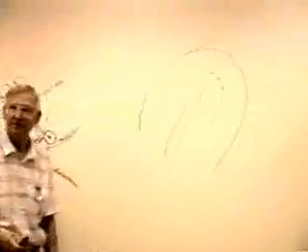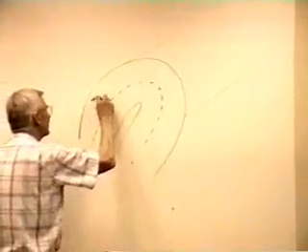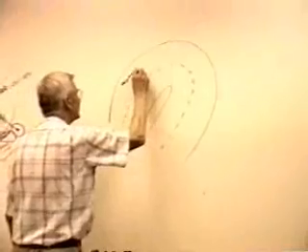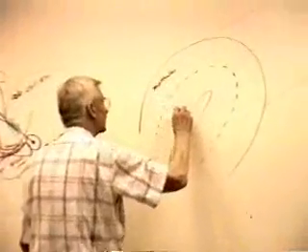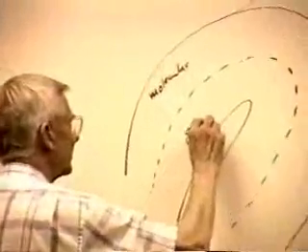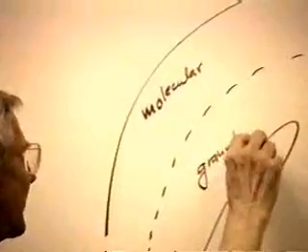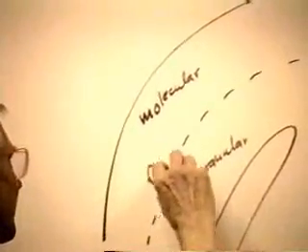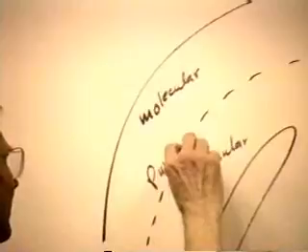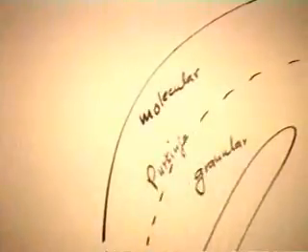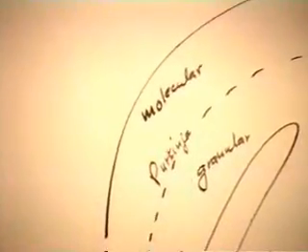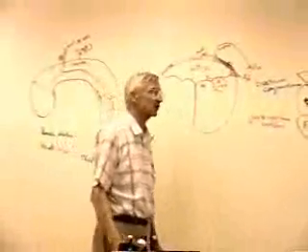How many layers? 3, right. Molecular, the granular, Purkinje cell. And we're now up to 1837 when Purkinje saw this and recognized the 3 layers of the cerebellar cortex.